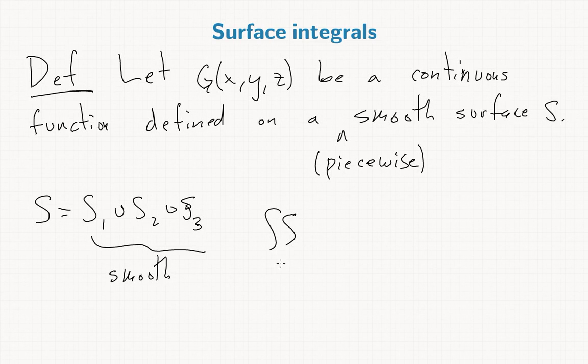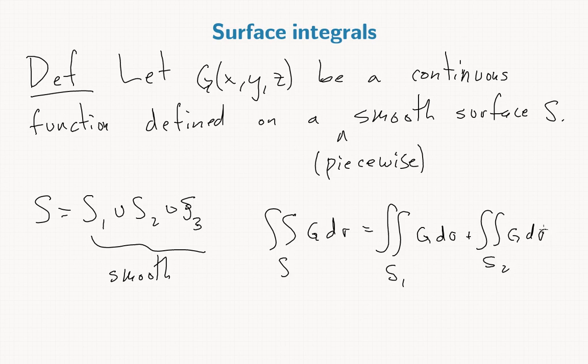then the integral that we'll define, the integral of g d sigma over S, will just be the sum of the integrals over each of those smooth pieces. And I'll do an example of this.